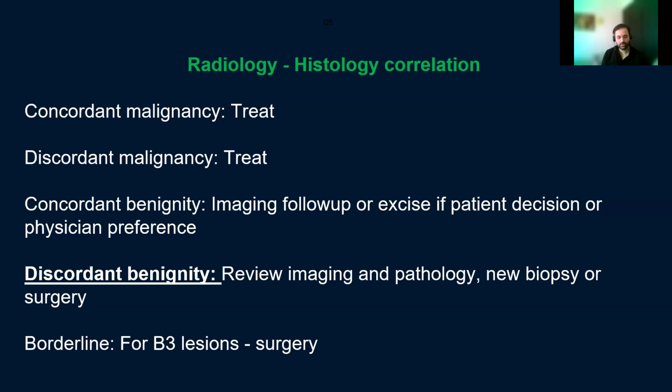Then you have the discordant benignity, which is the case which we just saw, where we have said that it's a malignant lesion. We have said it's BIRADS 4, BIRADS 5, but the histology has come up as negative. The histology says it's benign or it says normal breast tissue. In such cases, one is review imaging, review the pathology slides again, and the patient undergoes a new biopsy.